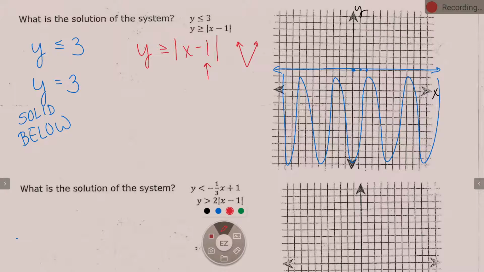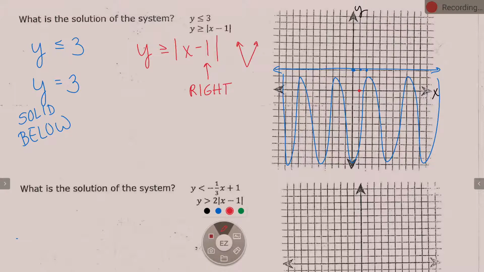This is something we had from last chapter that I still remember. So minus 1 tells me to move right 1. Right 1 from where? From 0. So from the origin, I'm going to go right 1. That's my new vertex, yes?